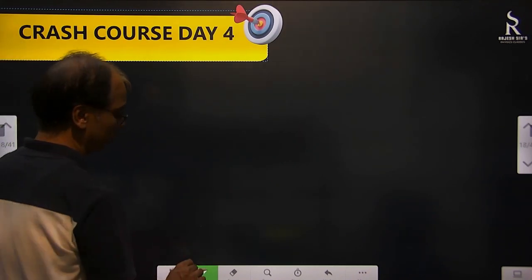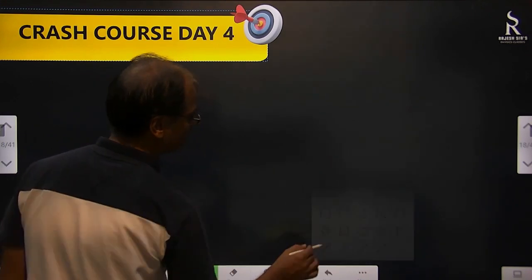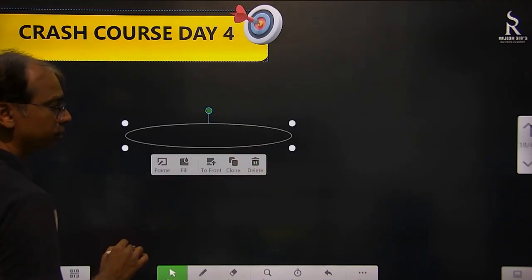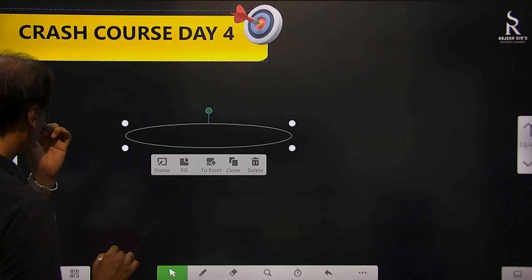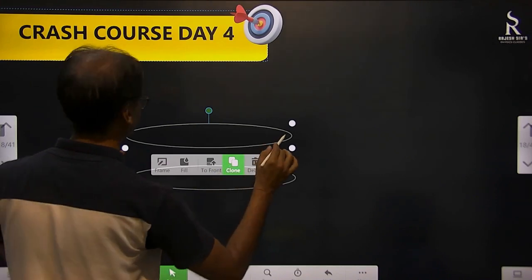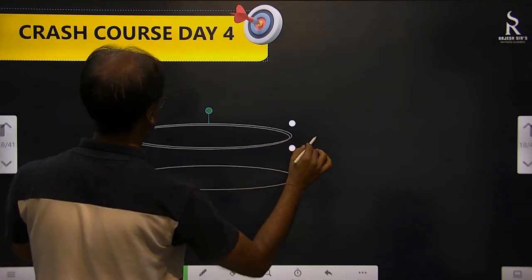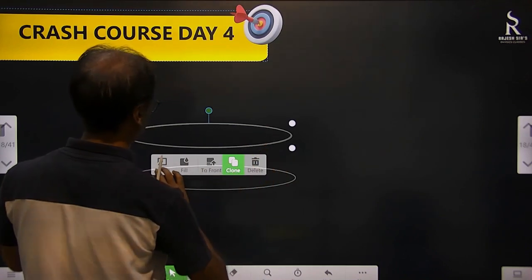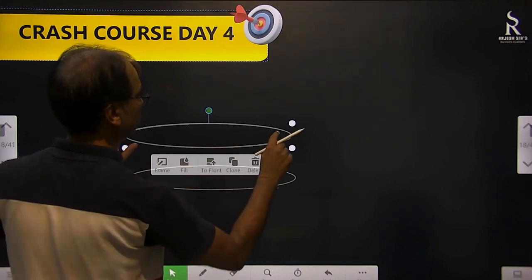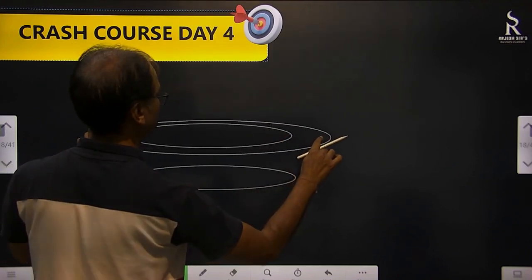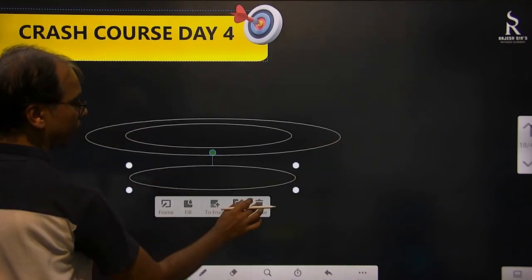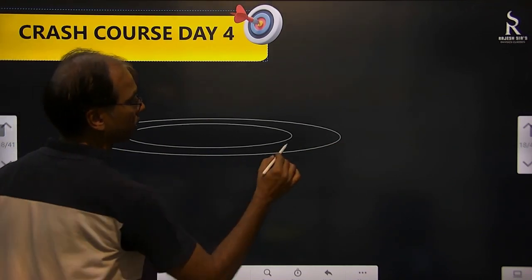On a horizontal road, okay, suppose the road is horizontal, and on the horizontal road you want to take a turn. So there is a horizontal road and we want to take the turn. Suppose a road like this is there, and you have a car here.